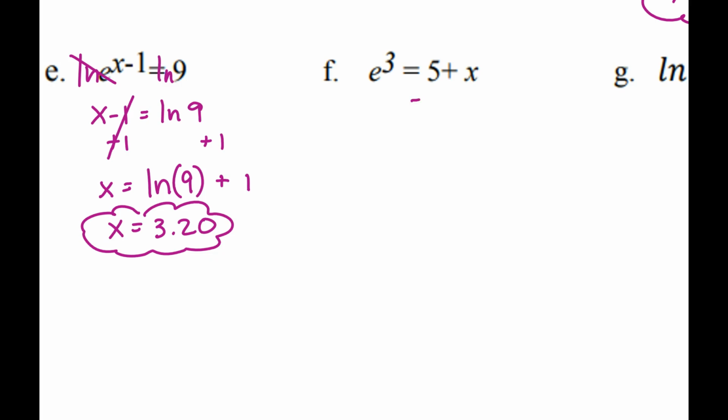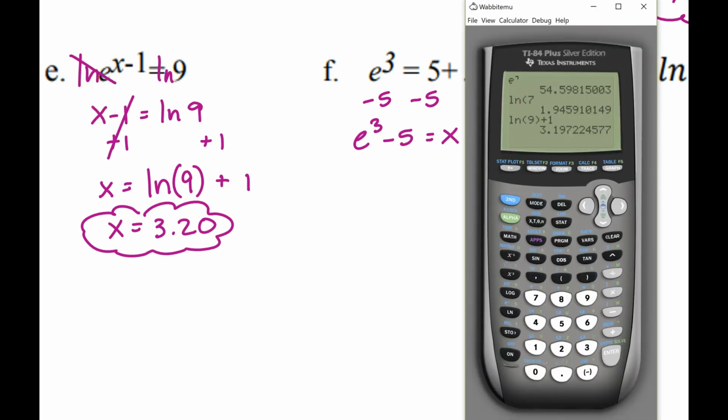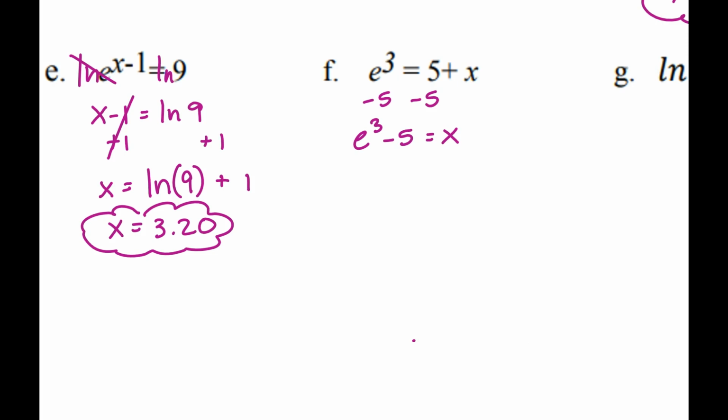Oh my gosh, you just subtract 5 from both sides, and then your x is all by itself, and you're done. You just put it in the calculator. So e to the third power minus 5. You get 15.085, which rounds to 15.09.